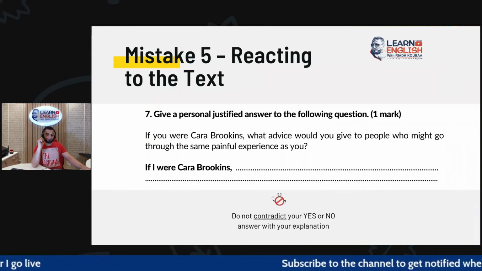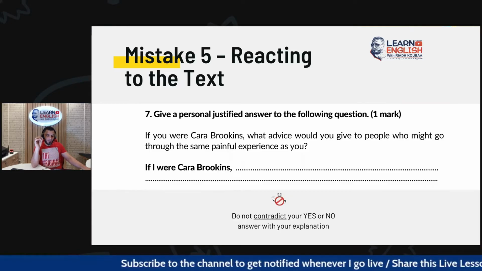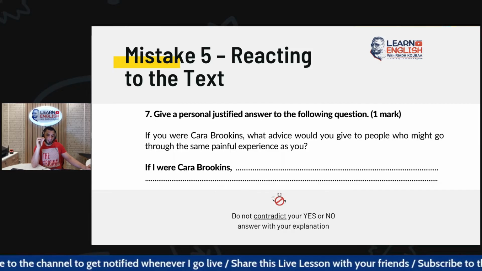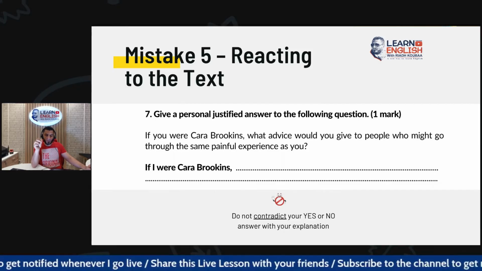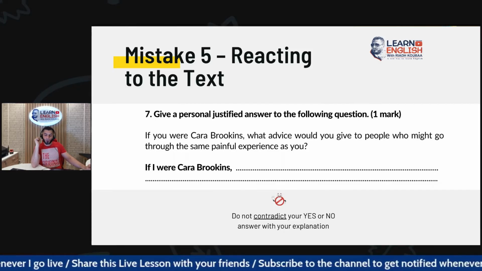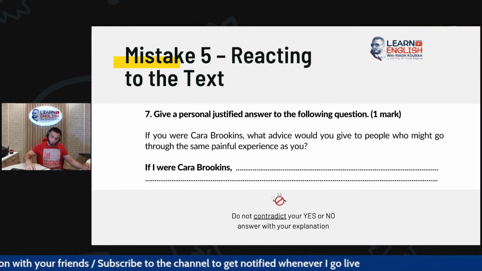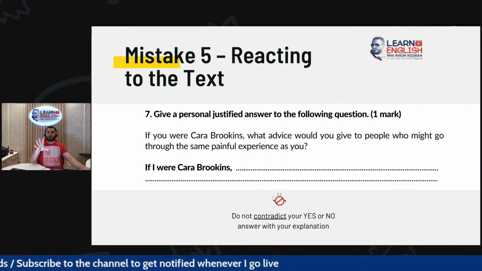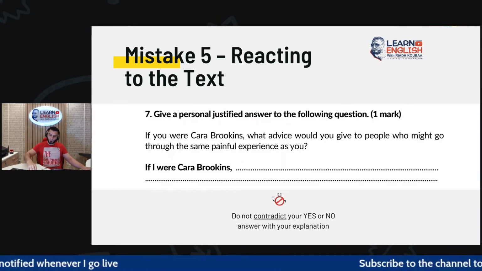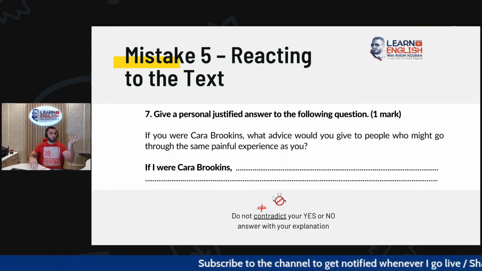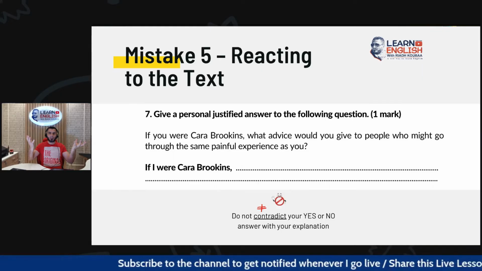Next question, which is reacting to the text. So here, give a personal justified answer to the following question. If you were Kara, what advice would you give people who might go through the same painful experience as you? My advice here: do not contradict your yes or no answer with your explanation.